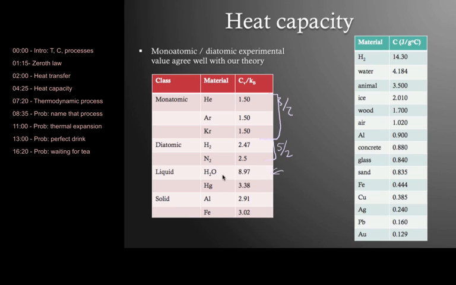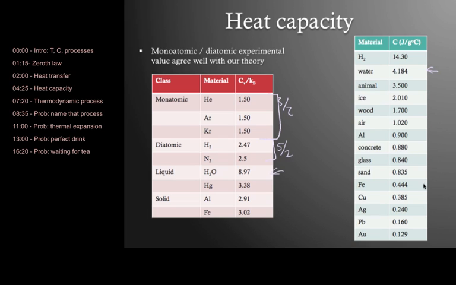But what you can notice is that water has a very high specific heat capacity compared to all these other materials. This is in units of kB, but if we work with nicer units like joules per gram Celsius, you can see that water is 4.184, and animal body tissue, human body, is about 3.5. It's mostly water. And then coming down to air is still pretty high at 1.